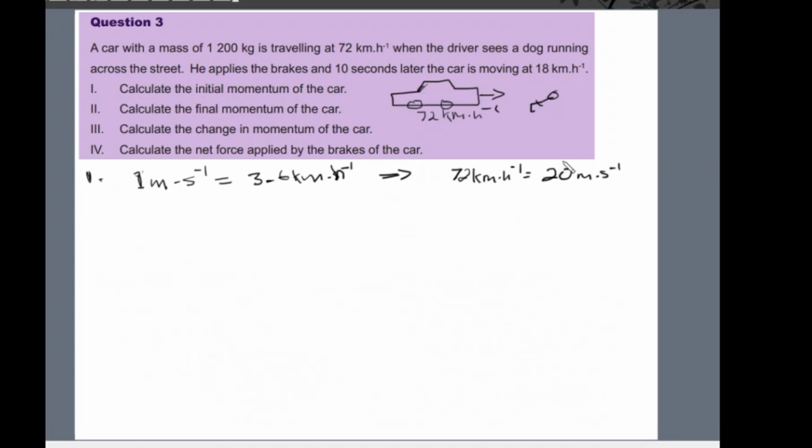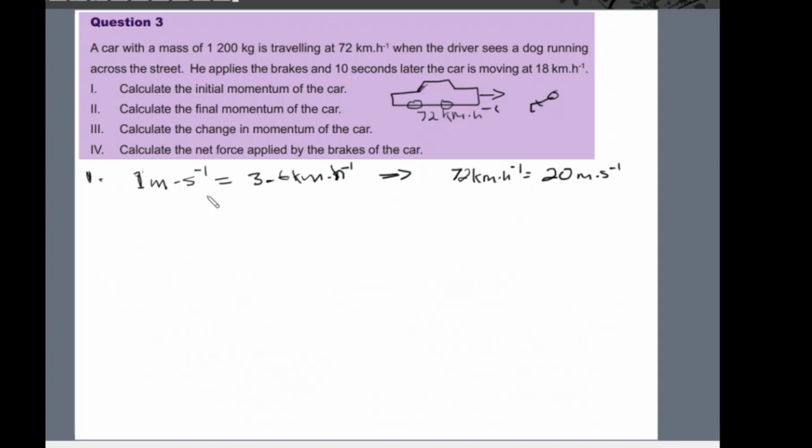So when you say 72 divided by 3.6 uzokuthola ukuthi that's 20 meters per second. Okay, so velocity yethu lapha it's 20 meters per second, right?